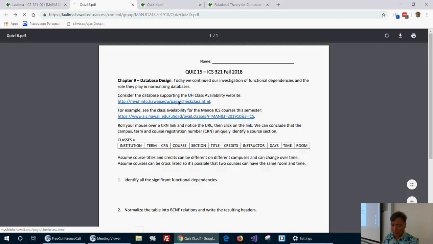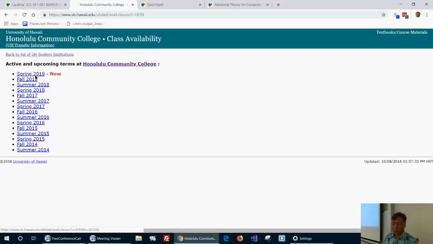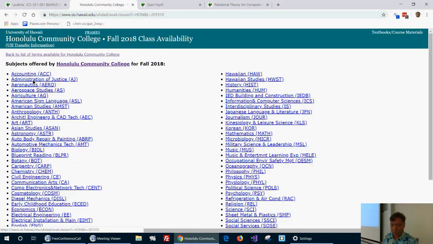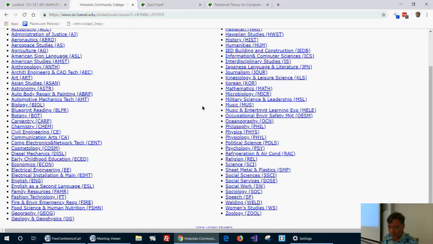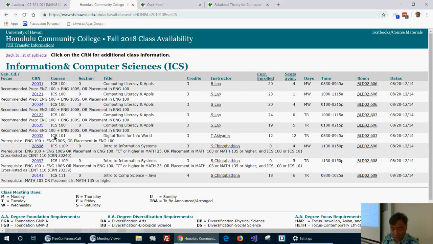And if you look at this one, this is where it starts. You start by selecting the campus, and then you drill down, and you get to the courses here, like fall 2008 Honolulu Community College, Information Computer Science, ICS 101. Okay, same course, ICS 101, but it's only 3 credits.